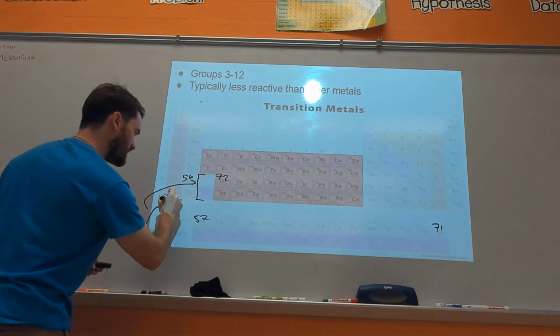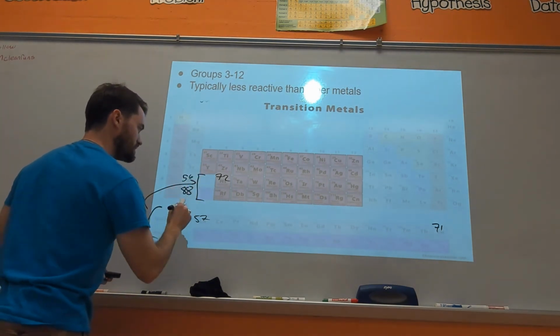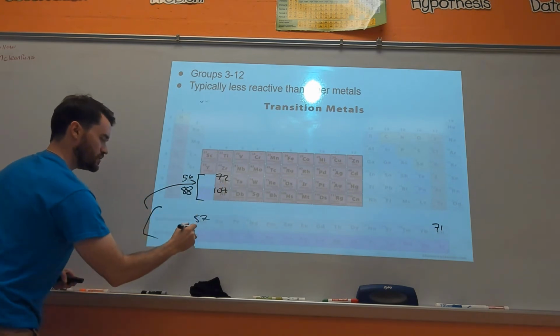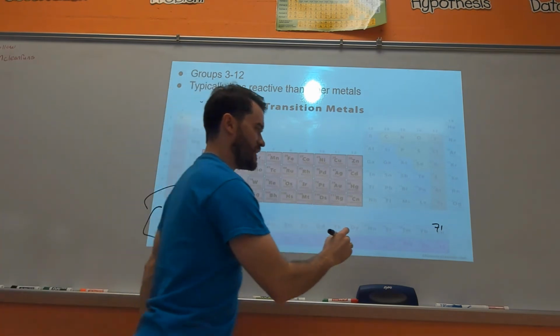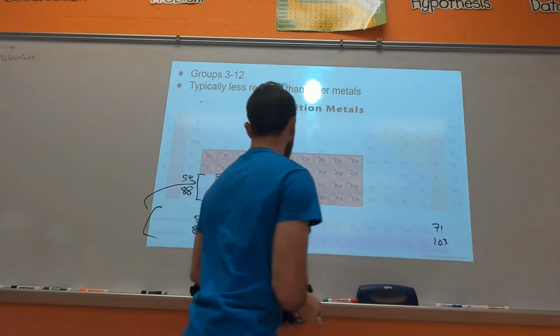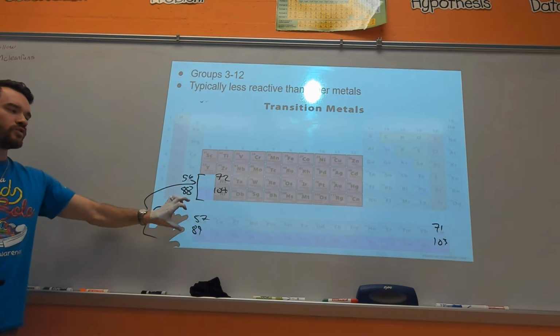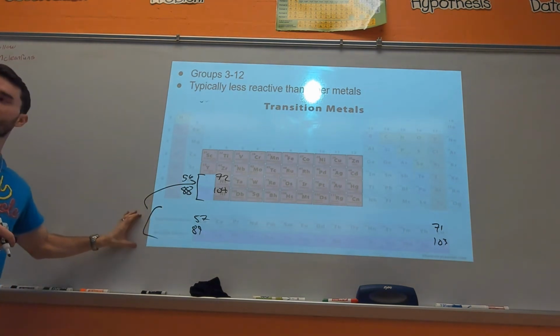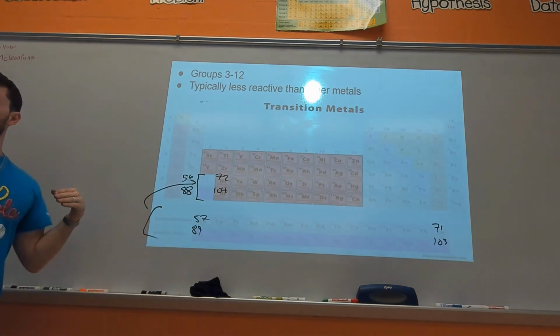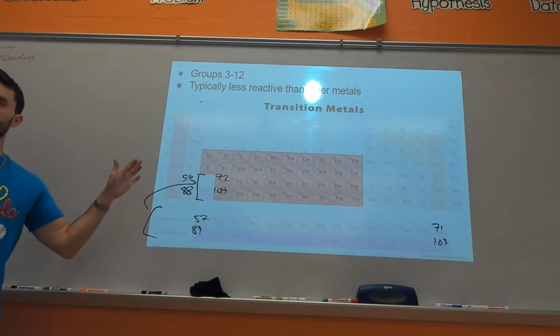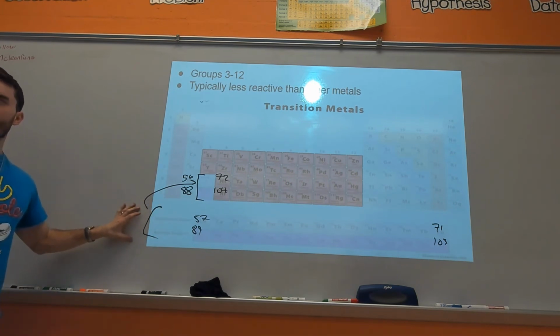And then this is 88, this is 104, so this is 89, and this is 103. That's what I mean, they squeeze in right there. But to save space, we pull them out, and we chose to pull these ones out because they have similar properties. It's not arbitrary.